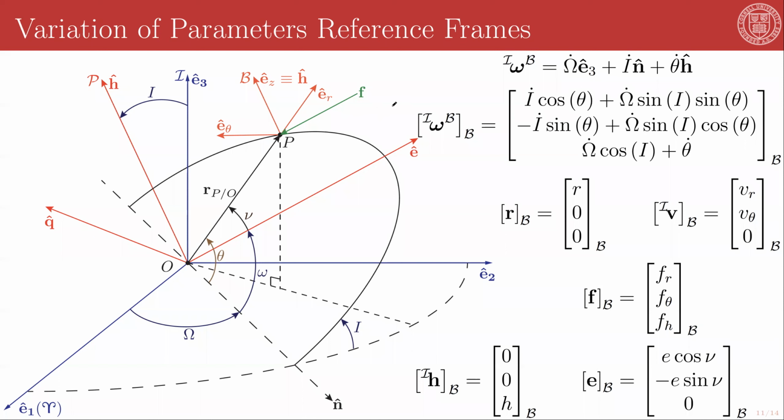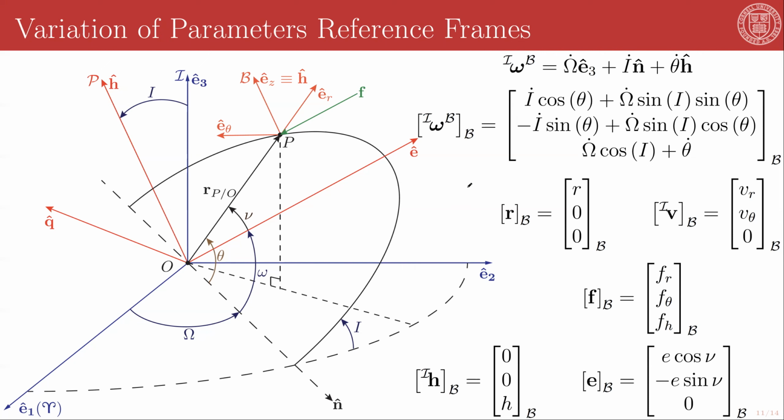Anytime we work in a rotating frame, we need to know its angular velocity in the relevant inertial frame. In this case, the angular velocity of B and I is given by the rates of change of the Euler angles defining the orientation of the parafocal frame of this orbit in this inertial frame. So you will recall that in order to go from the inertial frame to the parafocal frame of a specific two-body orbit, we first take a capital omega rotation about the E3 direction.